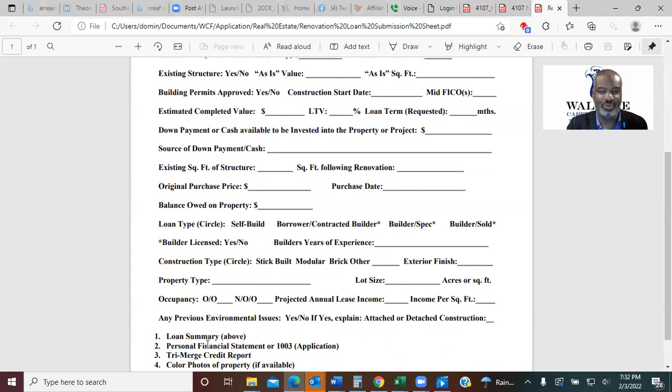The four things that we would like along with it, our request, is this loan summary above, along with a personal financial statement or a 1003 application. And we have another video that goes through the personal financial statement and how that works, so you can look at that.